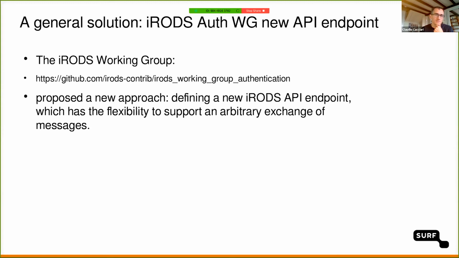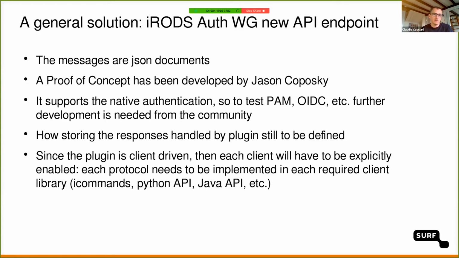So we really welcome the proposal from the iRODS Authentication Working Group of this new API endpoint. They proposed to define this API endpoint to provide the flexibility that we need to support this exchange of messages. The messages in the current proposal are defined as JSON documents, and there is a proof of concept developed.